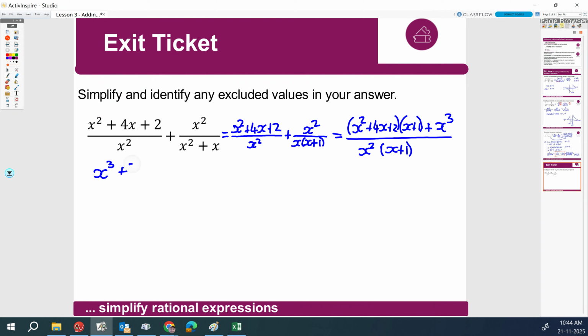So this gives me 5x squared. I'm going to get two x terms: a 4x and a 2x. So I'm going to get 6x. I'm going to get one constant at the end, which is going to be plus 2. When I combine these two together, my x cubed term will get added to this x cubed term, giving me 2x cubed.